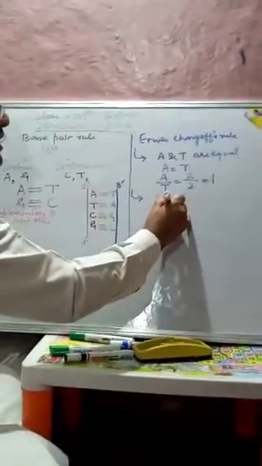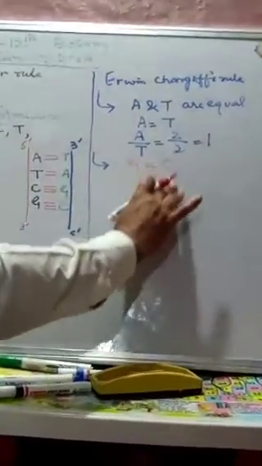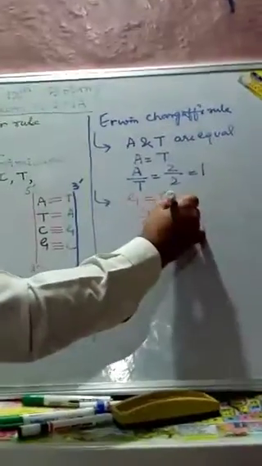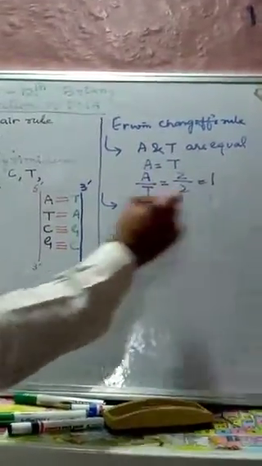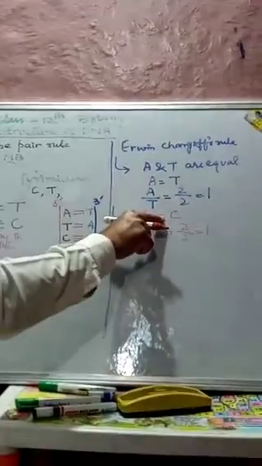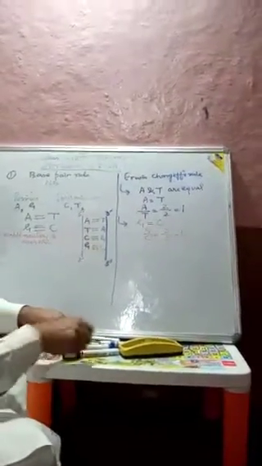Now again the ratio G by C is equal to 1. For example, if the number of guanine is 2 and the number of cytosine is again 2, we can say it is 1. So Chargaff again says G is equal to C.